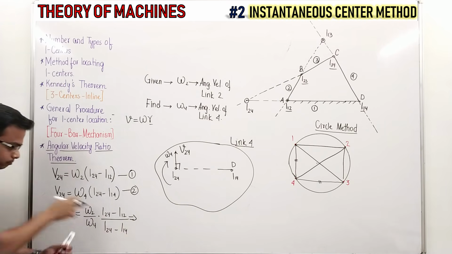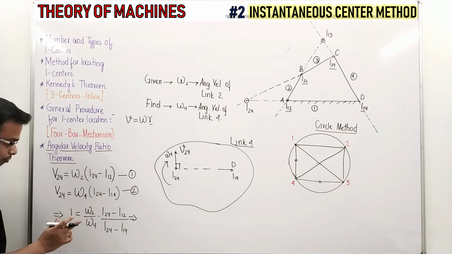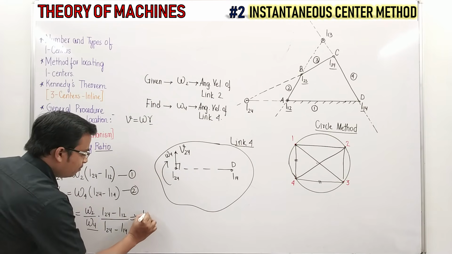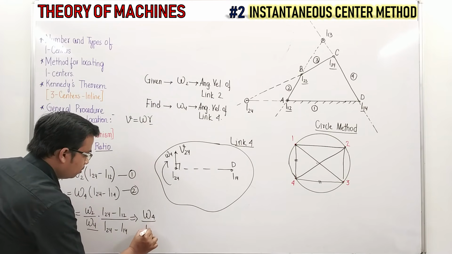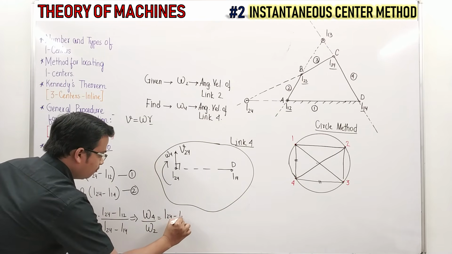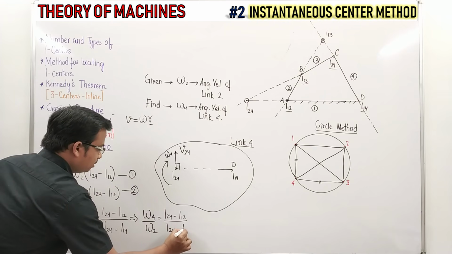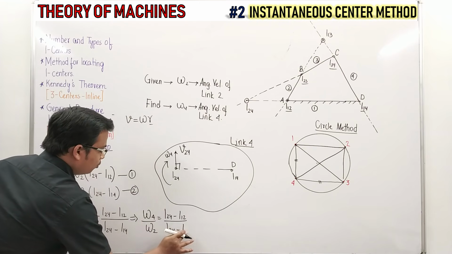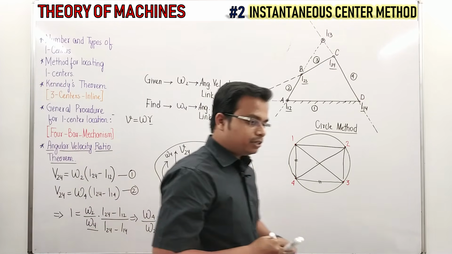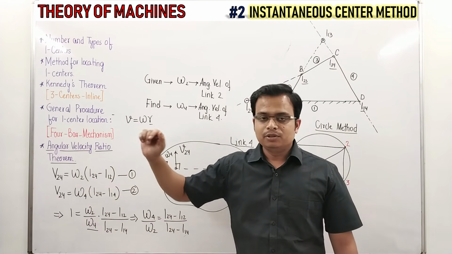What we needed is omega 4, so in simplified form: omega 4 by omega 2 is equal to I24 minus I12 whole divided by I24 minus I14. That was the final expression of the angular velocity ratio theorem.